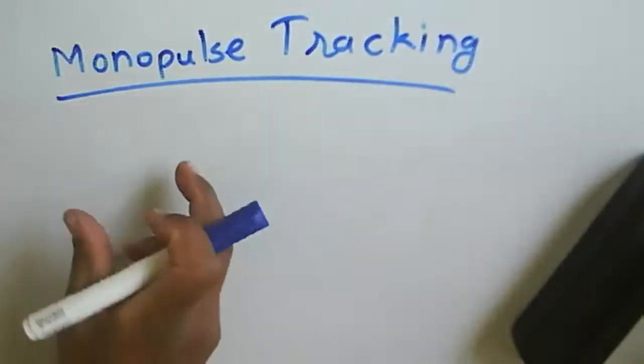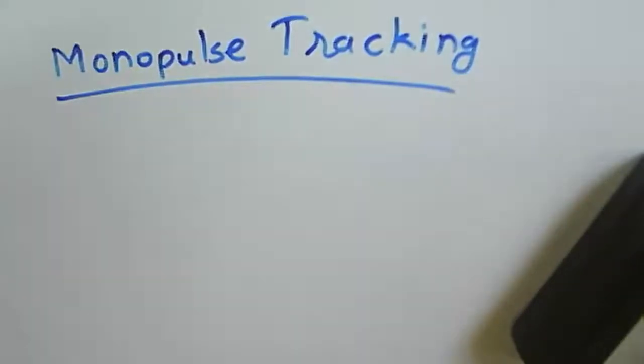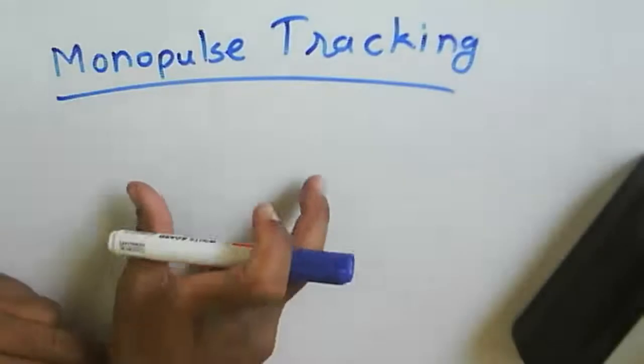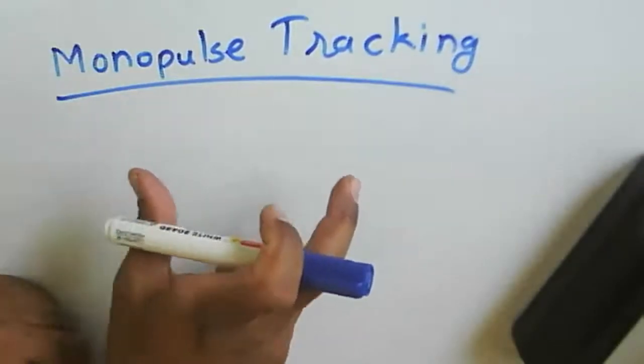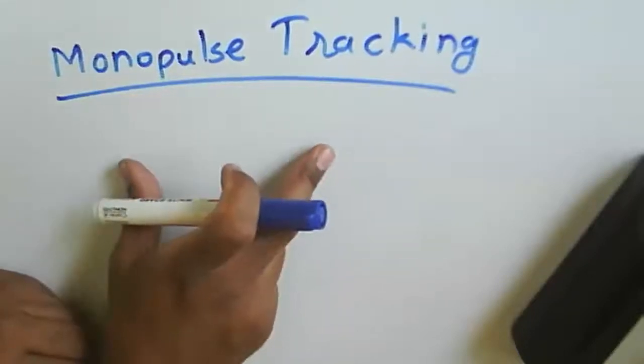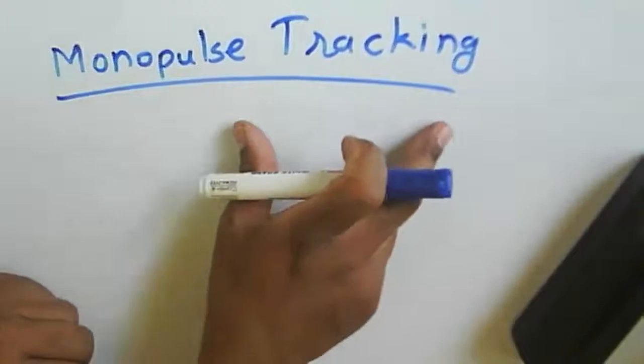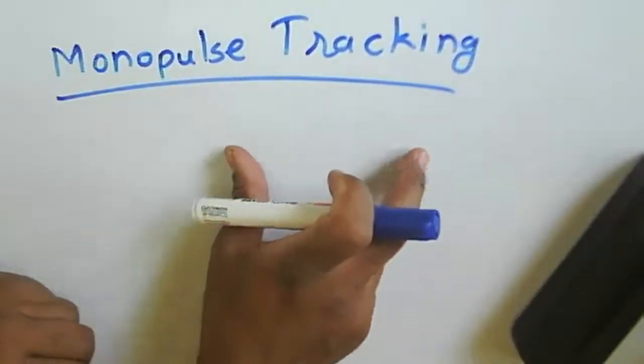We are just getting an echo signal, and through that echo signal we can find out the location of the target. So how do we do the measurement, or how do we go for monopulse tracking here?